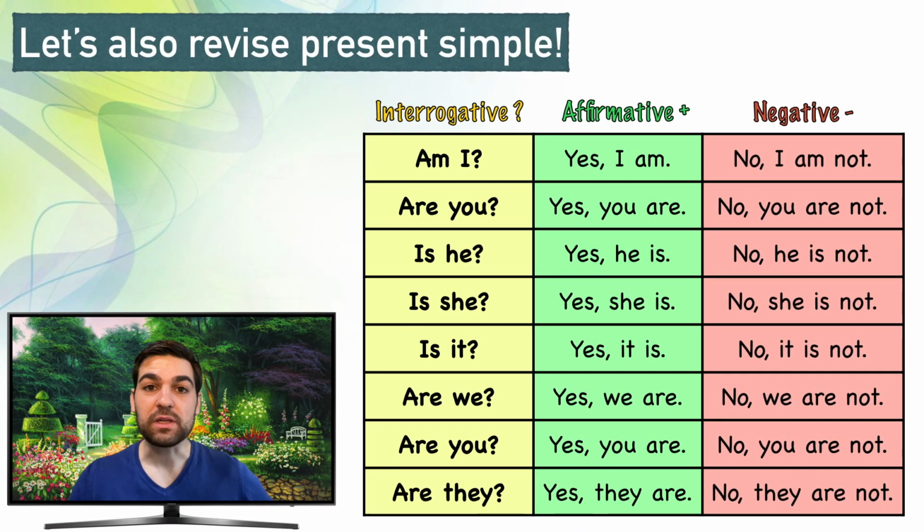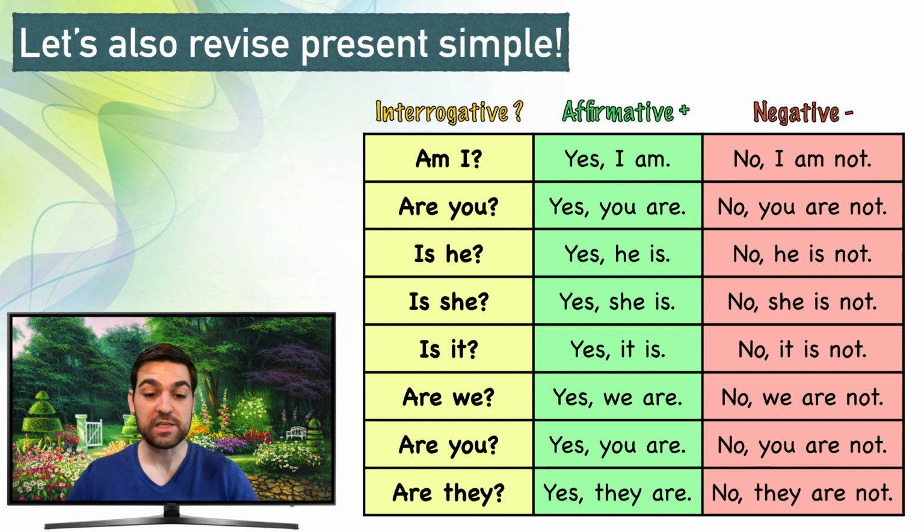Now also, let's revise present simple, interrogative, and the short answers. For example, am I? Yes, I am. No, I am not. Are you? Yes, you are. No, you are not. Is he? Yes, he is. No, he is not.